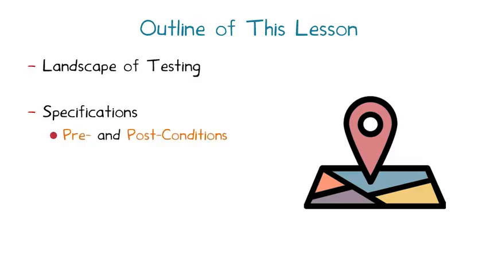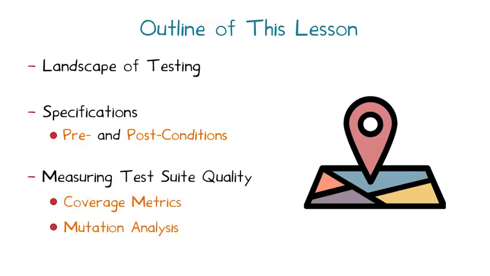In particular, you will see how to use preconditions and postconditions to specify the behavior, or at least certain facets of the behavior, of functions. Finally, we will wrap up the lesson by studying two methods of quantifying the quality of a given set of tests, or test suite. These methods will allow you to determine whether a test suite for a program is doing its job or whether it needs to be augmented with more or more diverse tests.